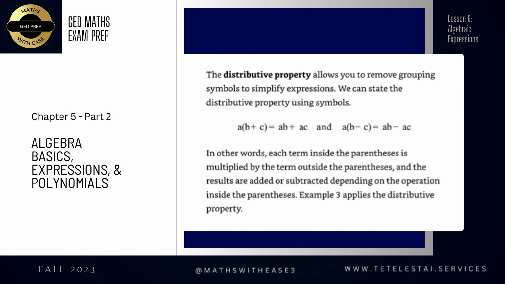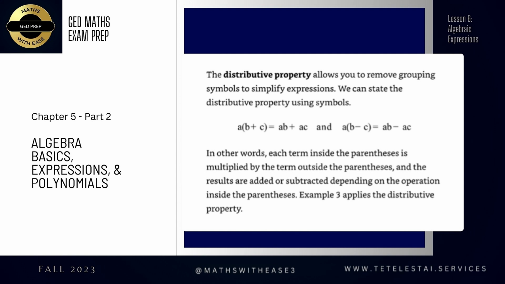Also, the same is true if the operation is subtraction. It doesn't matter what the operation is. So in this case, it's subtraction. A and then open parentheses, B minus C, close parentheses, redistributes to AB, A times B, minus AC, or A times C. Okay, if in parentheses we had B over C, B divided by C, it would redistribute to AB divided by AC.